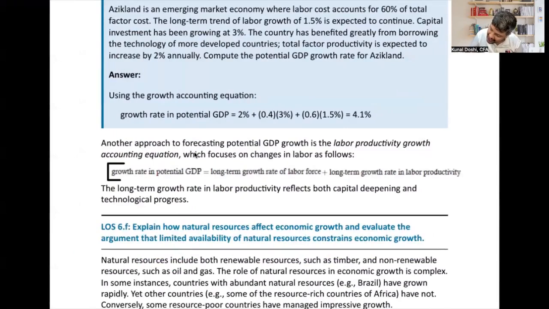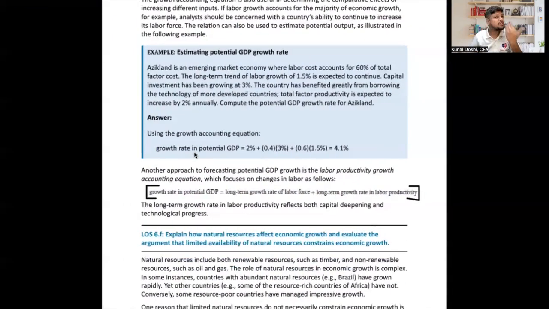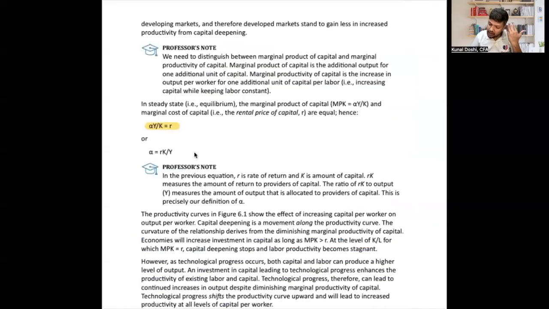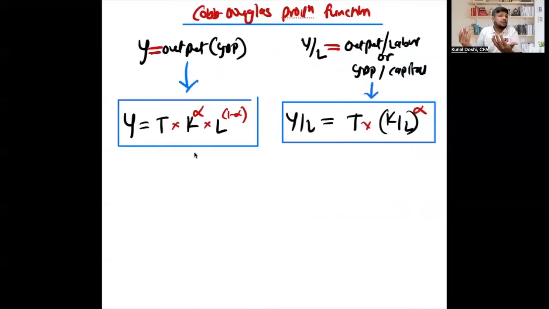All of these are related, and they are all based on the growth rate of the economy based on Cobb-Douglas. I'll show you one by one what these formulas are, how to relate them, how to remember them, and whether I am required to memorize them or not.